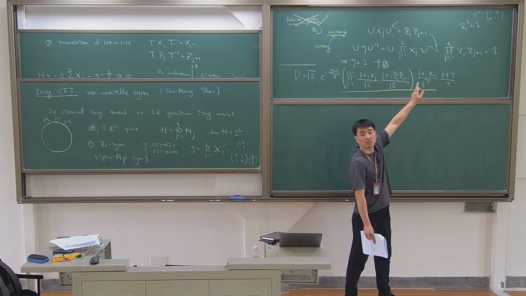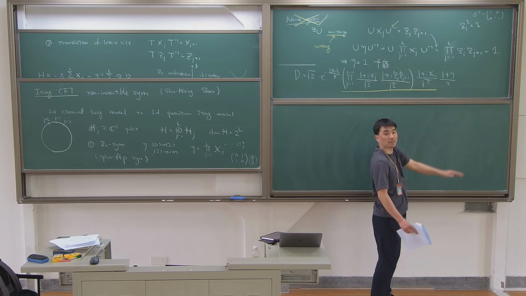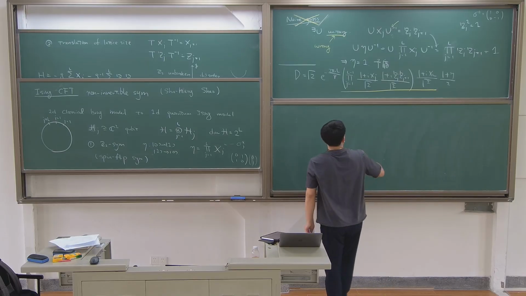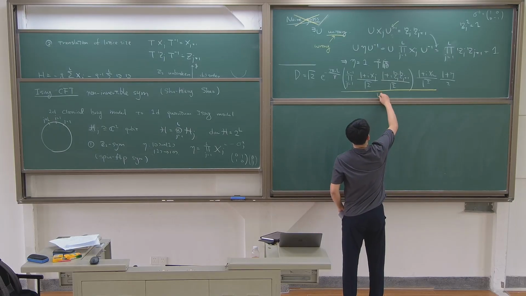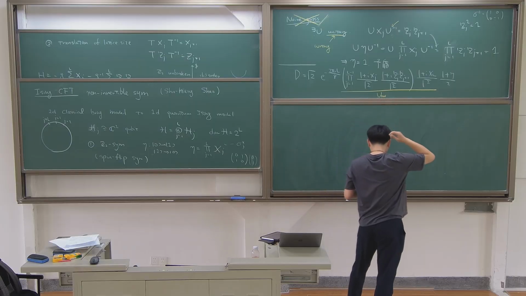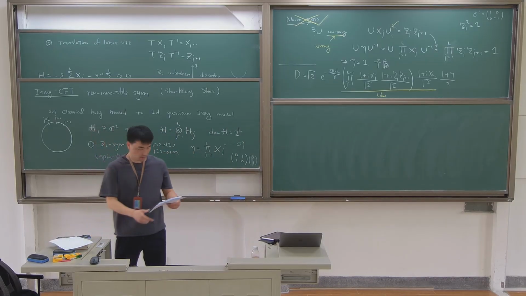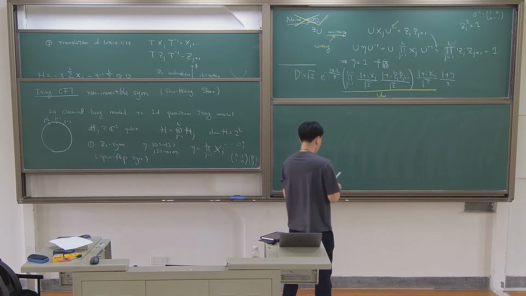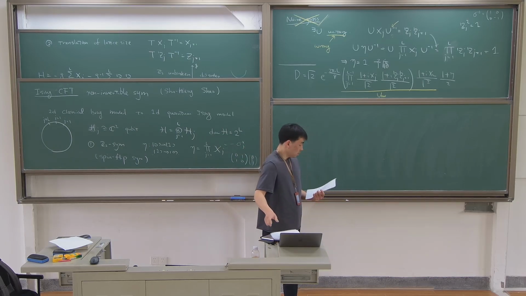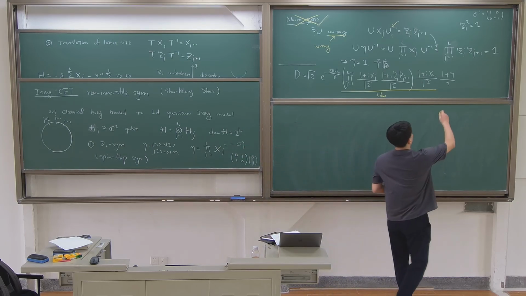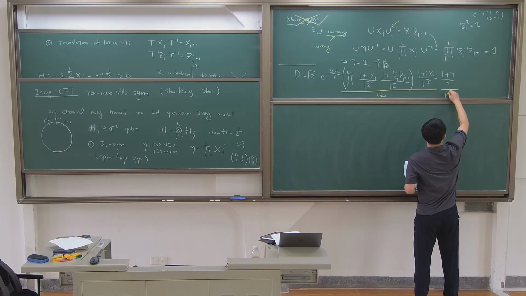So that's somewhat not translation invariant. Here I call this one U cross 1. And then this is the projection.